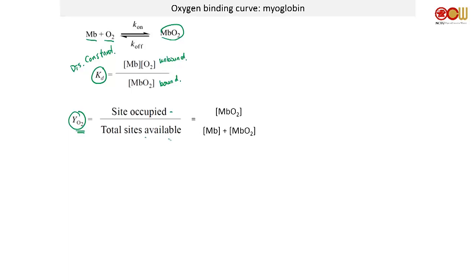So what that means is sites occupied is essentially O2 bound on myoglobin, and total sites available is all the terms that have myoglobin added up. And the ones that are bound is essentially this. Then we know from the dissociation constant that Kd is equal to [Mb] times [O2] divided by [MbO2].